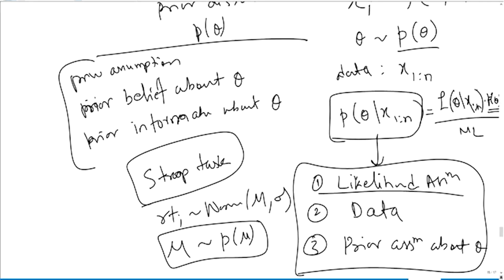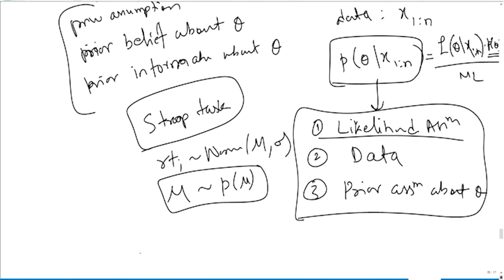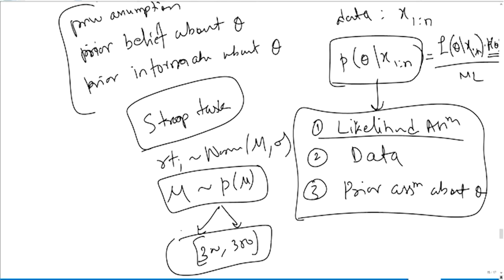So, let's say you recall all that information from previous Stroop tasks, and based on all that information, you think that the average reaction times observed on Stroop tasks are somewhere between, let's say, 300 and 350 milliseconds, right? So, you can specify a highly informative prior on the parameter mu. Okay. So, that is the case of prior information. You have prior information about theta and you can use it in your prior distribution, right?